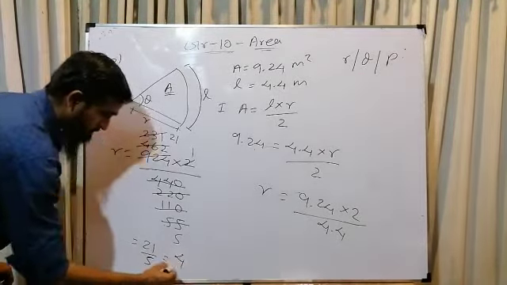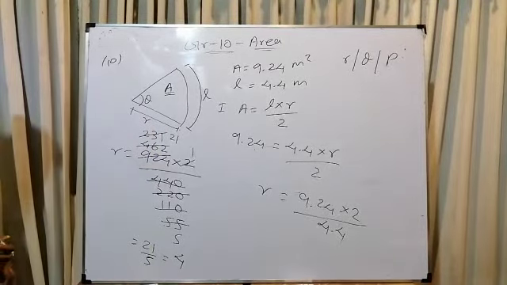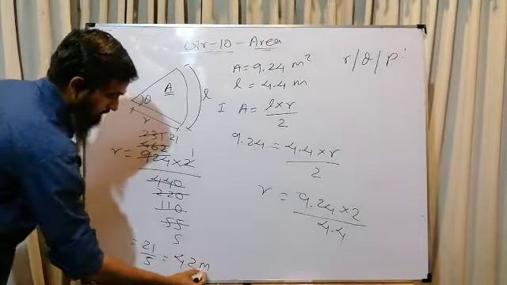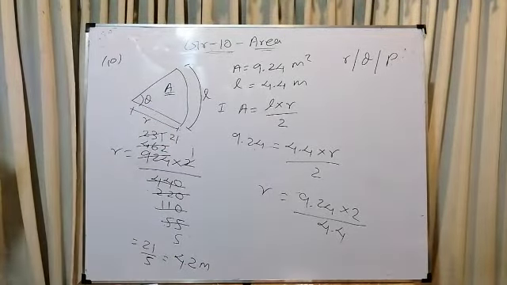If you divide 21 by 5, 4 times, 1 remaining, 4.2 meter. The radius is 4.2 meter.